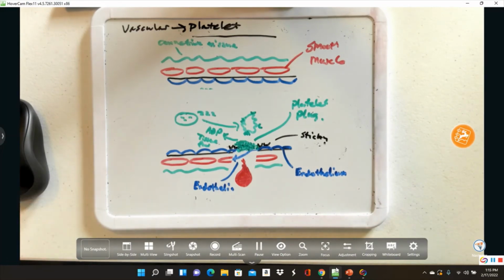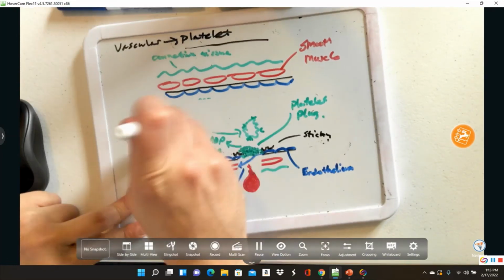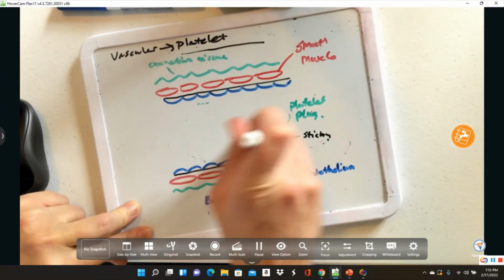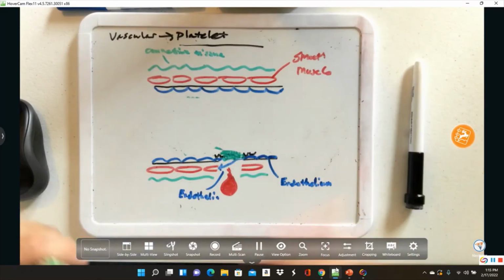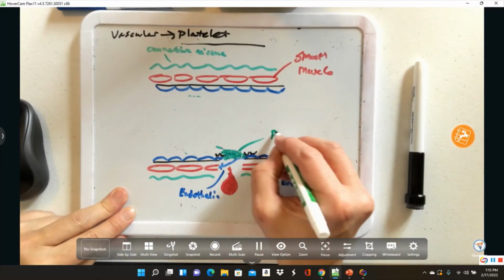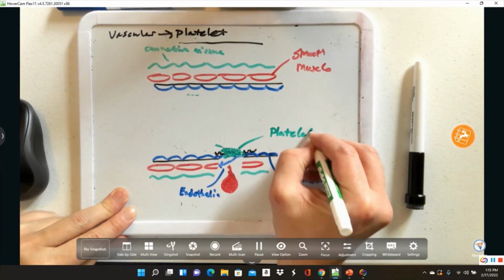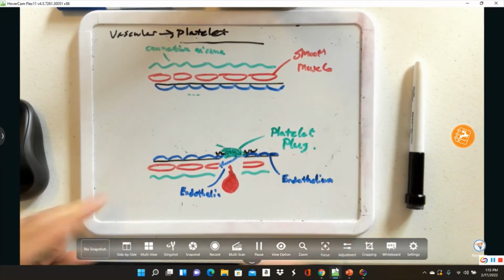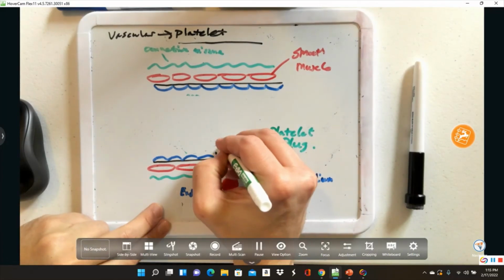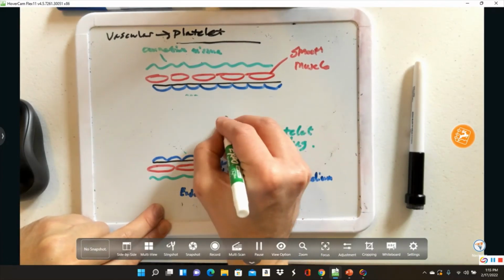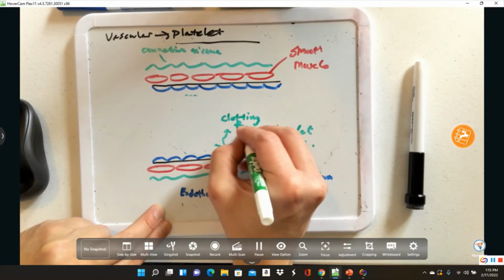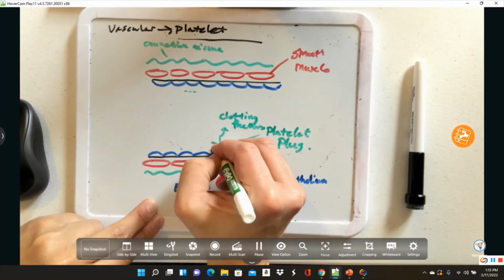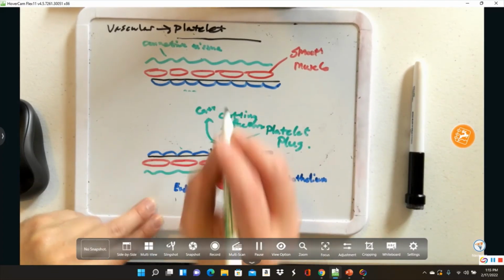Now, these platelets have formed what is called a platelet plug. One of the things these activated platelets release is clotting factors, and they also release calcium, Ca++.